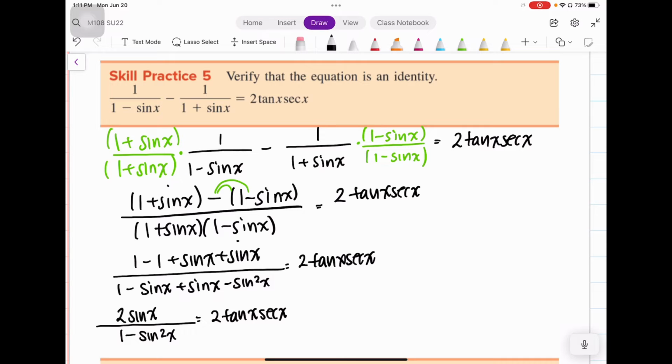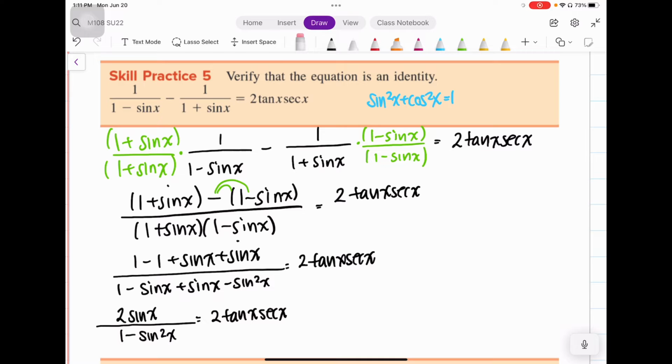And thinking about the right-hand side, tangent is sine over cosine, and secant is 1 over cosine. And I look at the left-hand side, I don't have any cosines, but I can get there. Let's remember that Pythagorean identity that the sine squared of x plus the cosine squared of x is equal to 1.